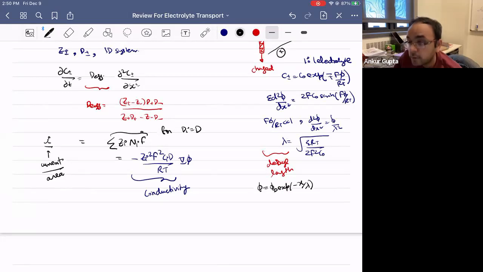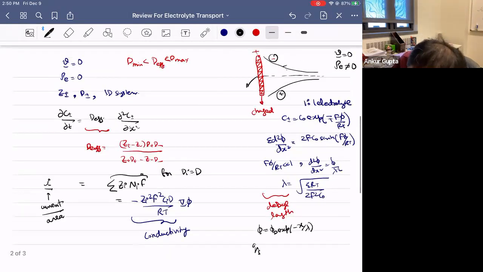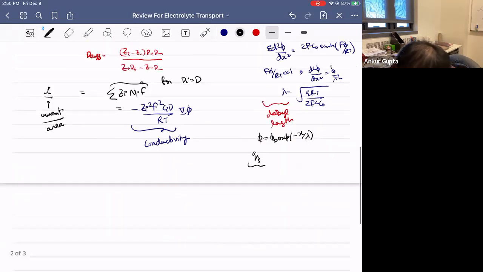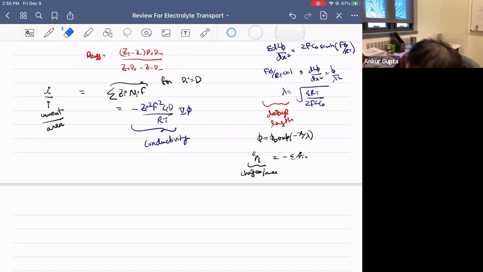And the boundary condition is Qs, the charge on the surface, charge density to be more precise, charge per unit area, equals minus epsilon n dot grad phi, where n points into the surface. So this becomes minus epsilon del phi by del x at x equal to 0.